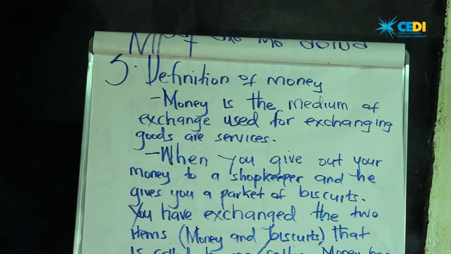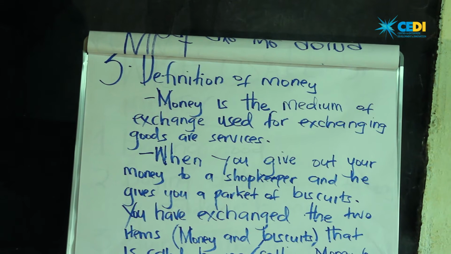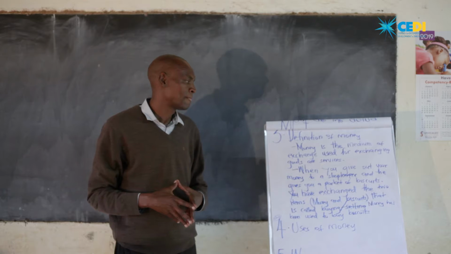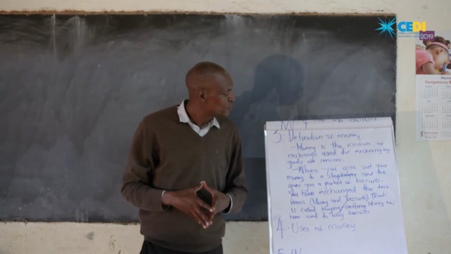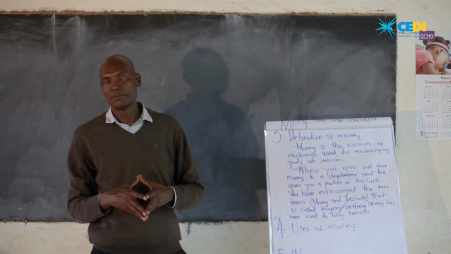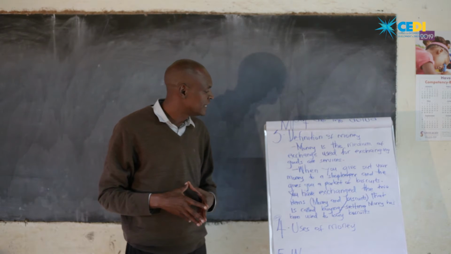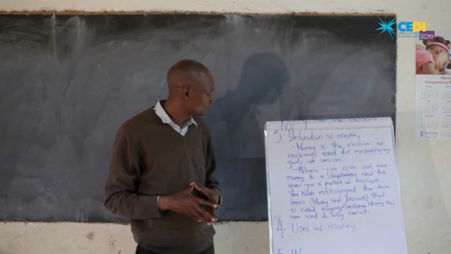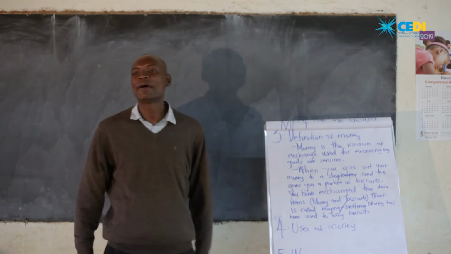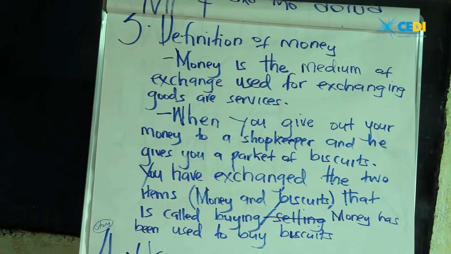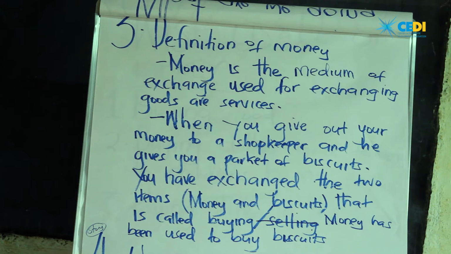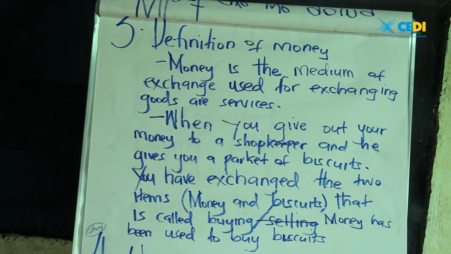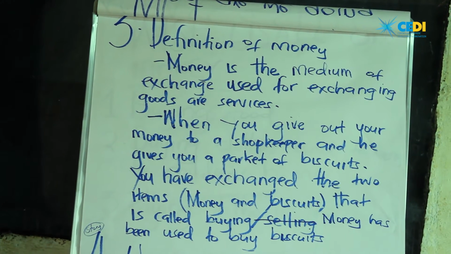We have already known what goods are and what services are. So, when you give your money to a shopkeeper, for example, and he gives you a packet of biscuits, you have exchanged your money for a packet of biscuits. That means money has been used to buy biscuits.